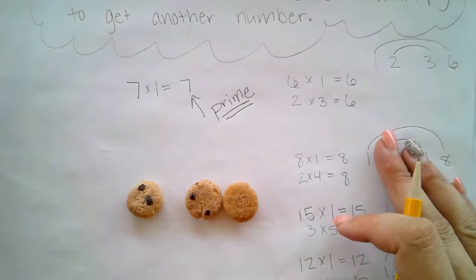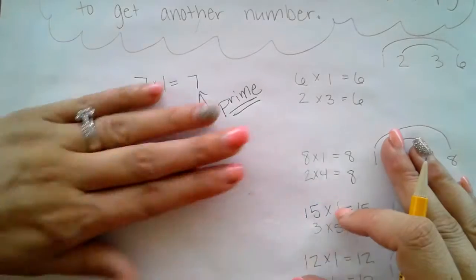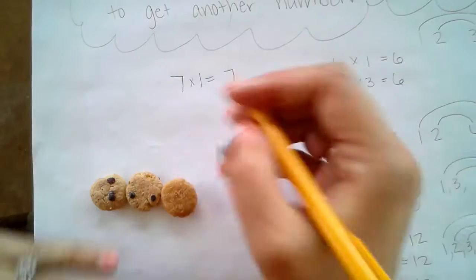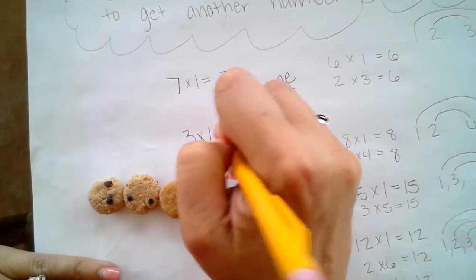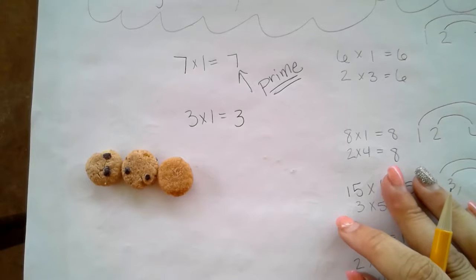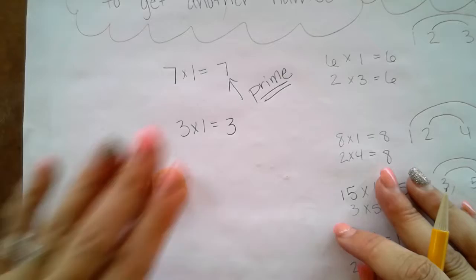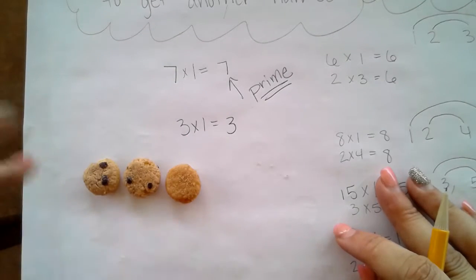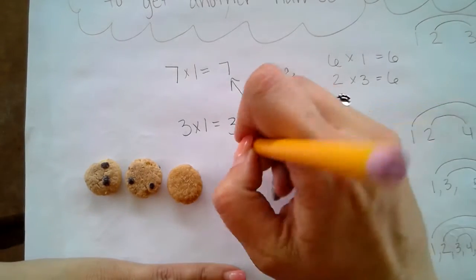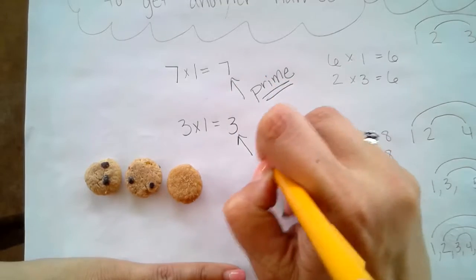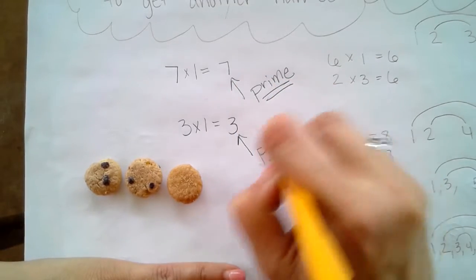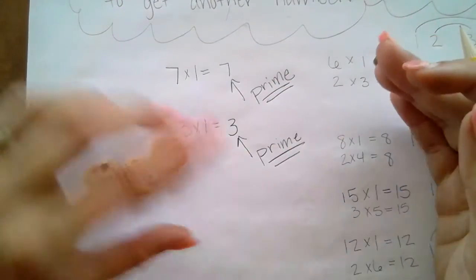Let's take 3. 3 times 1 equals 3. Is there any other way to make an array out of that? Because there is not, other than 3 times 1 or 1 times 3, it means this number is prime. And we'll go into great detail on that on Thursday.